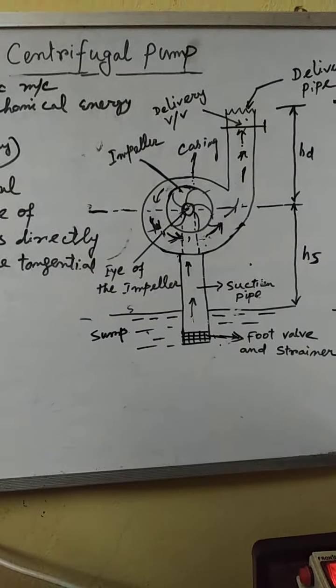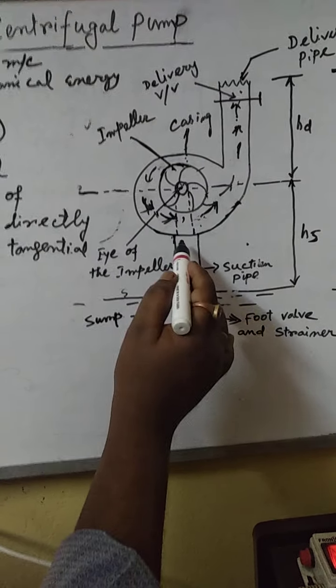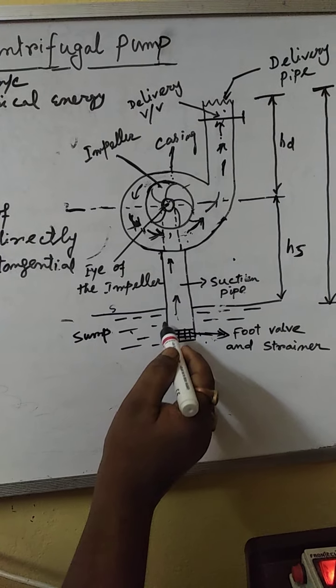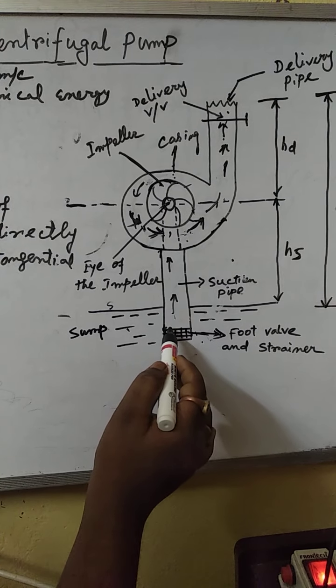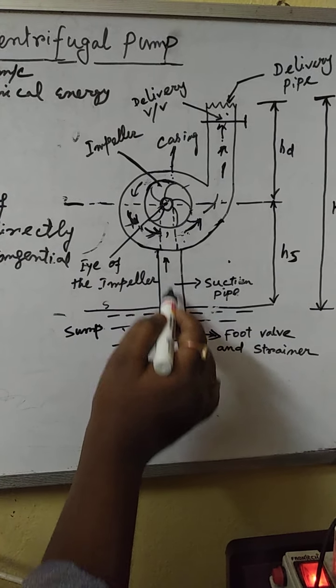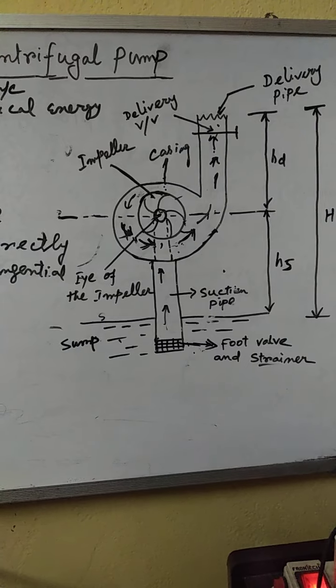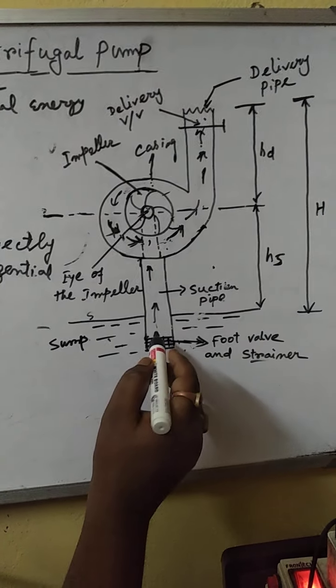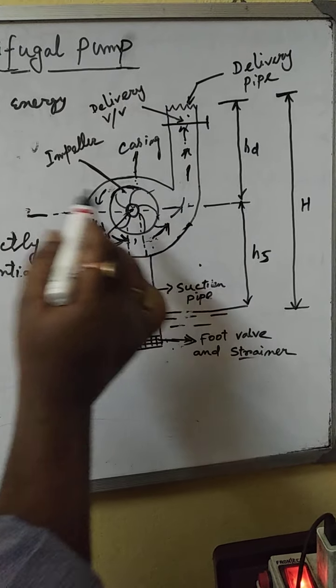The foot valve is a one-way valve which does not allow the backflow of the water, and the strainer restricts impurities from entering the casing.